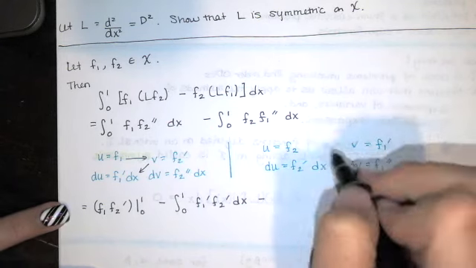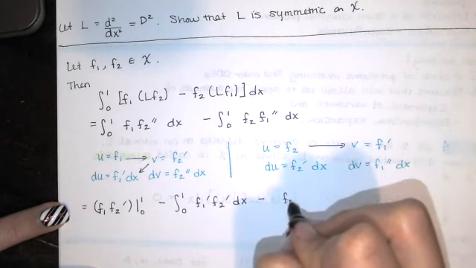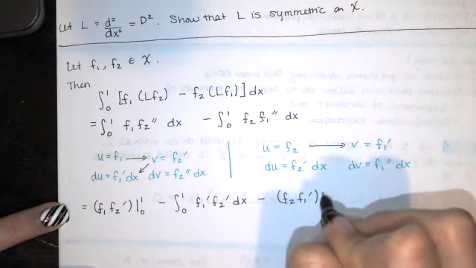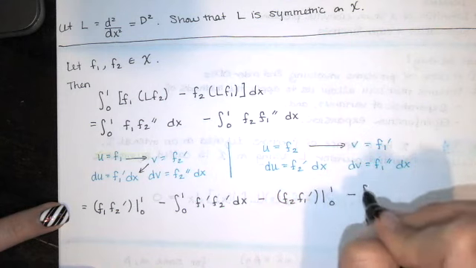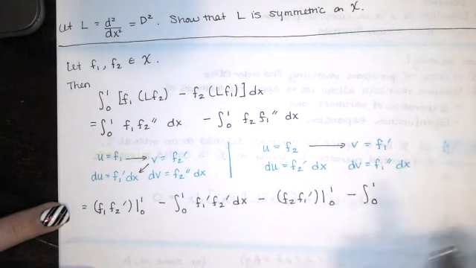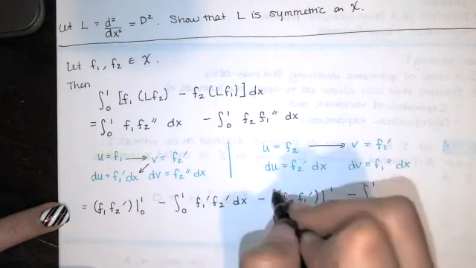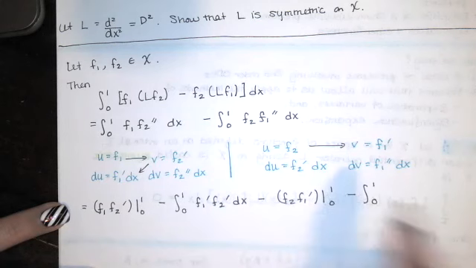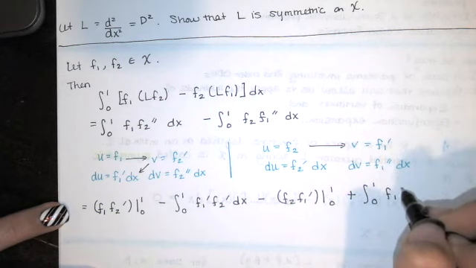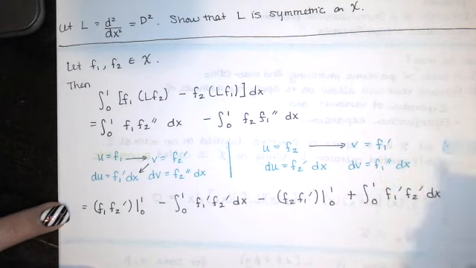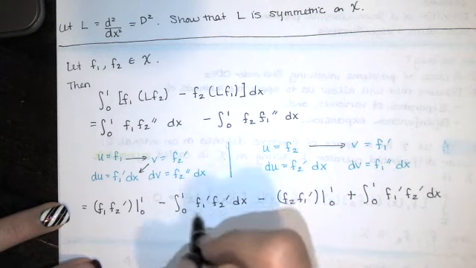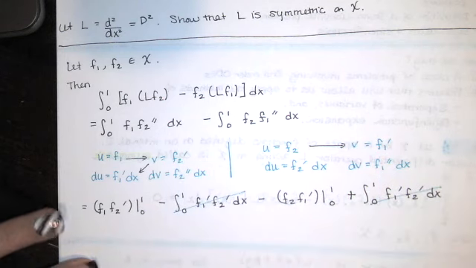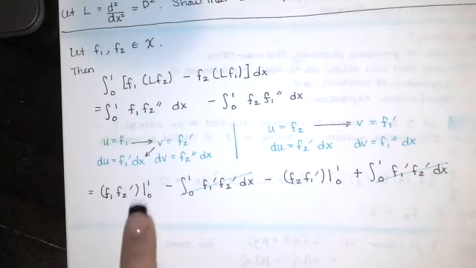And then by integration by parts, we're going to get u times v, evaluated from 0 to 1, minus the integral of v du. Now we're subtracting this difference here. So when I distribute this negative to that negative, I get a plus sign there. Negative times a negative is a positive. And you see right away that this term and this term reduce. And now you've got this evaluated at 0 and 1 and this evaluated at 0 and 1, and you subtract.